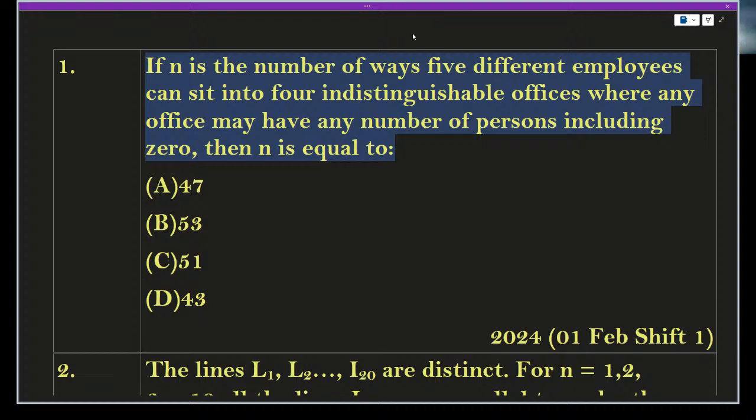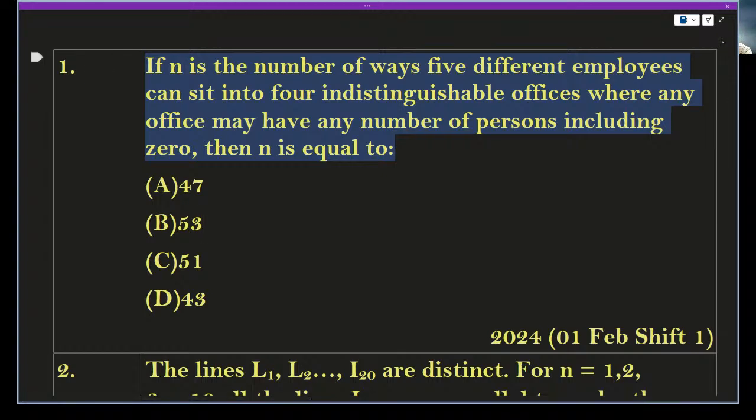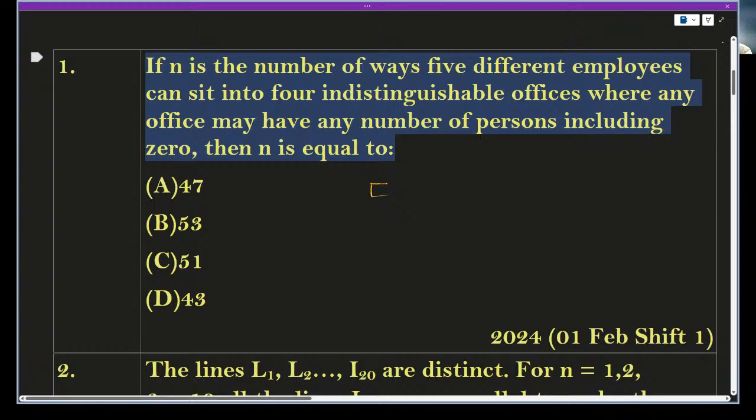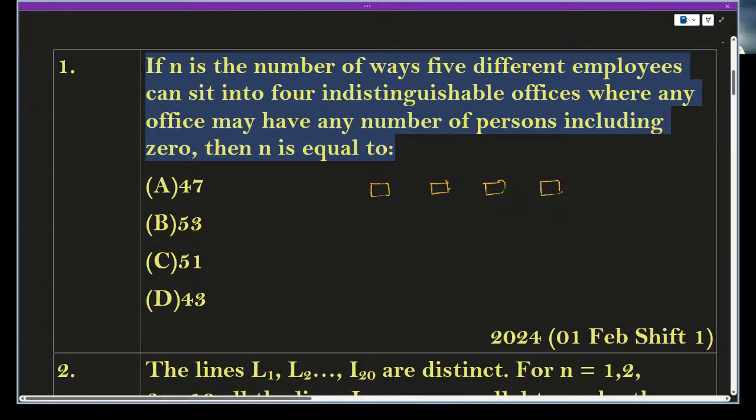How to do it? 5 different employees and 4 indistinguishable offices, means you cannot distinguish between them. Agree with me or not? Okay? Then case 1 may be like this.